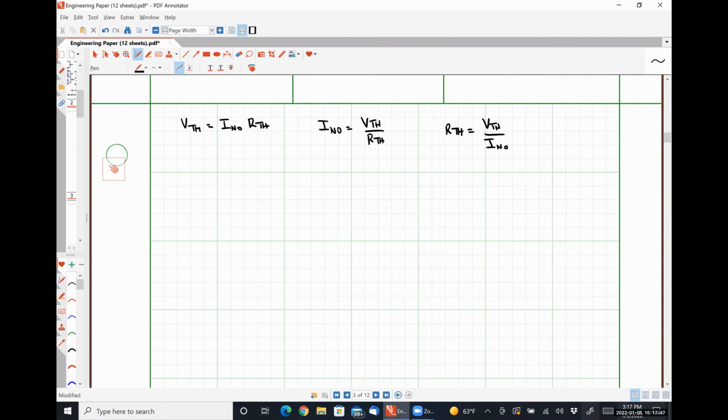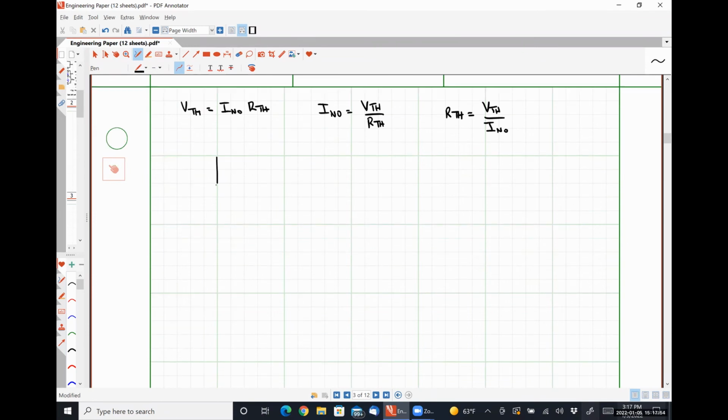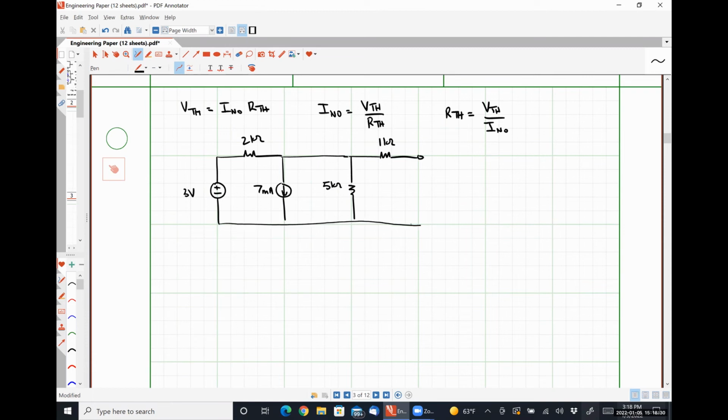So let's work one last example problem. And our ultimate goal here is to know V Thevenin, I Norton, and R Thevenin.